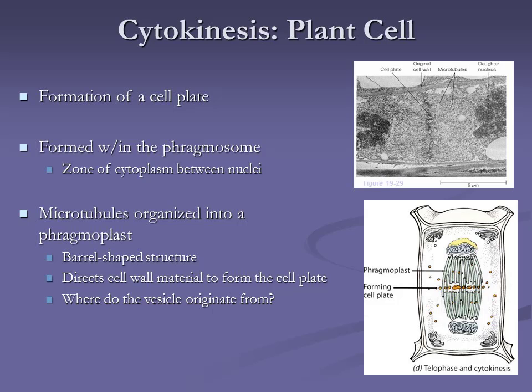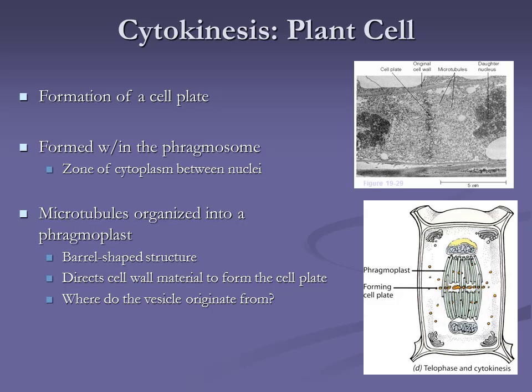Well, my word for botany is phragmoplast. Phragmoplast. That's just kind of fun to say. But what's going to happen in the middle of our daughter cells, where we're going to form our new cell wall, you're going to start forming these barrel-shaped structures called a phragmoplast. It looks a whole lot like your spindle fibers.